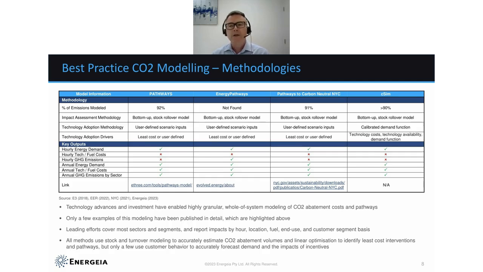The way that we do it at Energeia is slightly different. We base our uptake assumptions on historical calibrated demand functions, which are really based on what economists would call revealed preference, i.e., historically, given a certain level of financial incentive and other qualitative and quantitative factors, what has been the historical adoption of that technology.